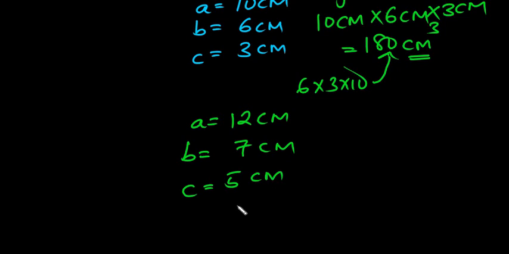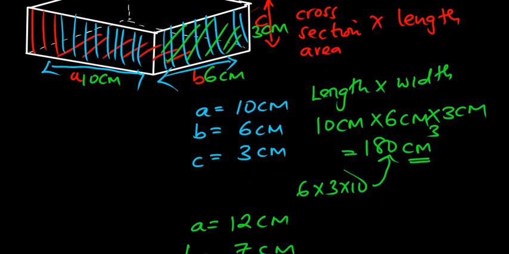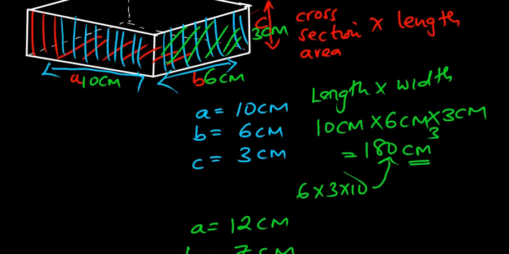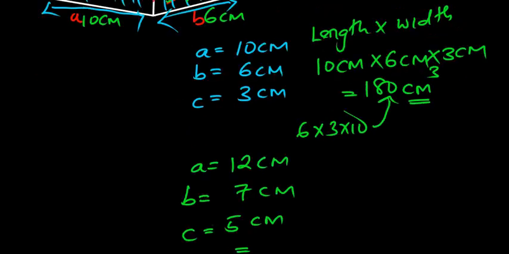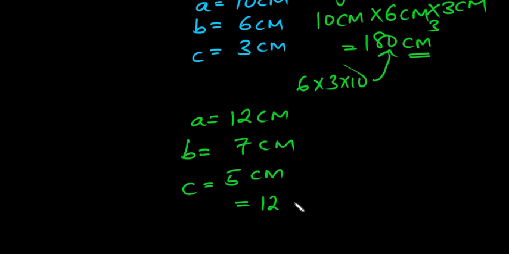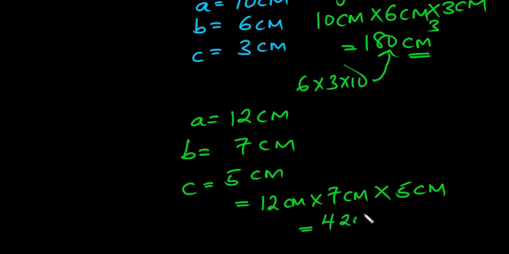We're going to have the volume as, if we take the face facing downwards as the cross section, it's going to be 12 centimeters times 7 centimeters. That is the cross section area, and then we multiply by the length, which is 5 centimeters, and this will give us 420 cubic centimeters.